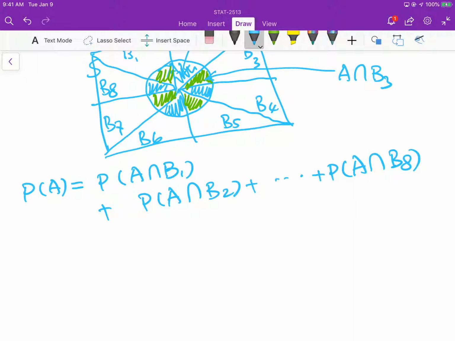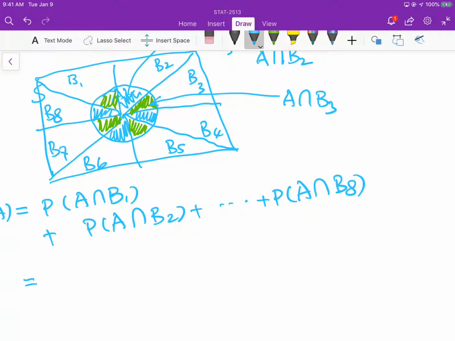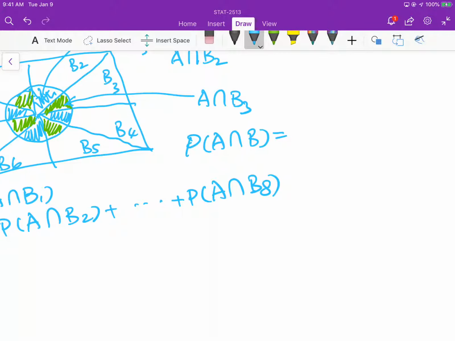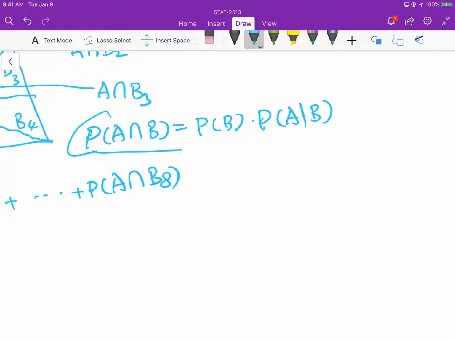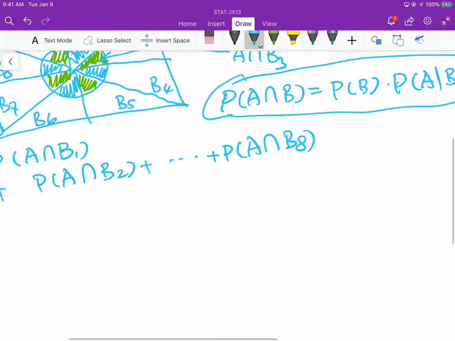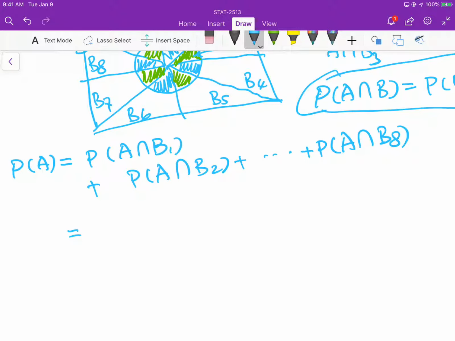And if we go one step further, because we have the formula that the probability of A intersect B equals the probability of B times the probability of A given B, which is conditional probability, we just apply this formula to each item here.